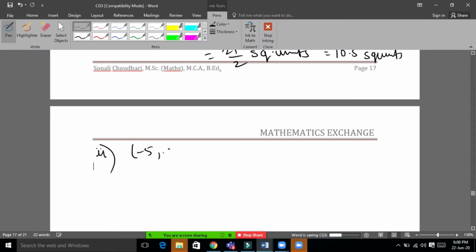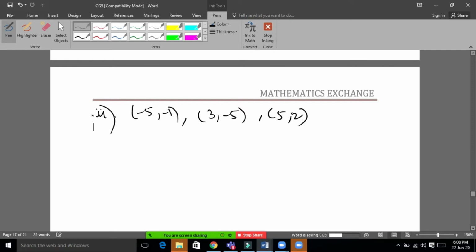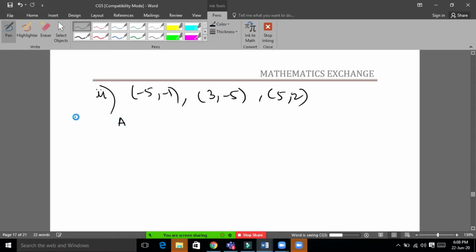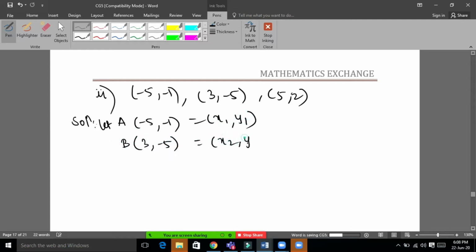For the second part, the coordinates are given as (-5, -1), (3, -5) and (5, 2). Just as we saw in the previous example, we have to solve this one also. So let us again consider A(-5, -1) as (x1, y1), B(3, -5) as (x2, y2) and C(5, 2) as (x3, y3).